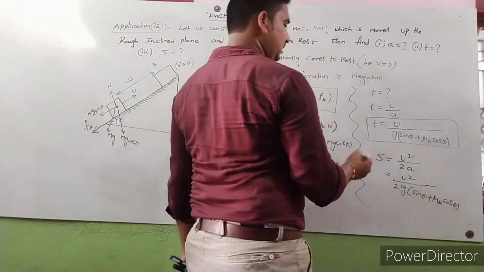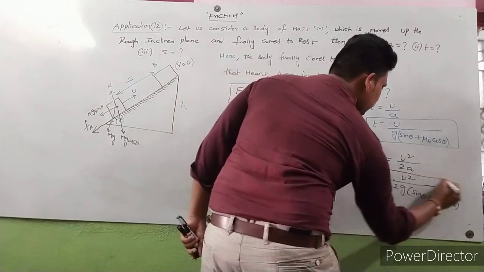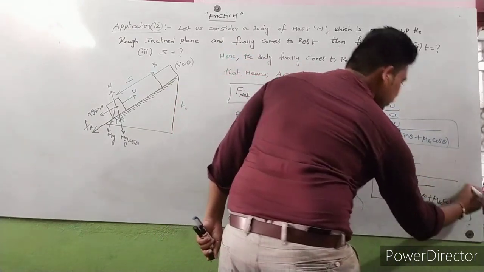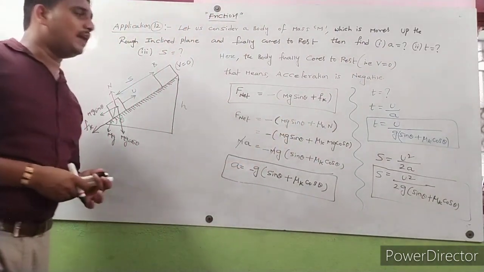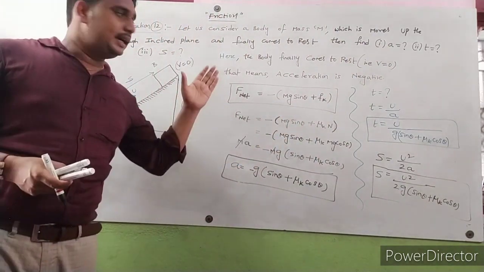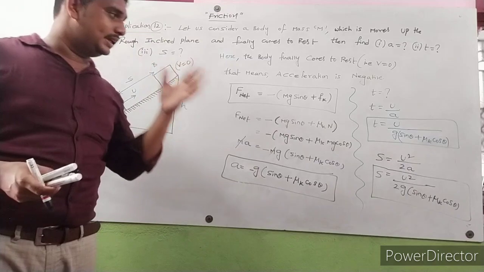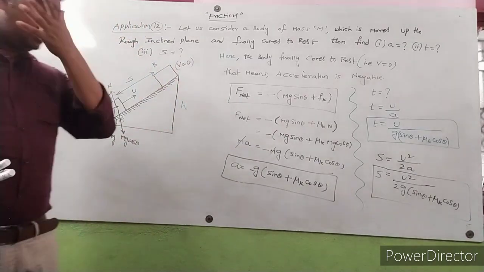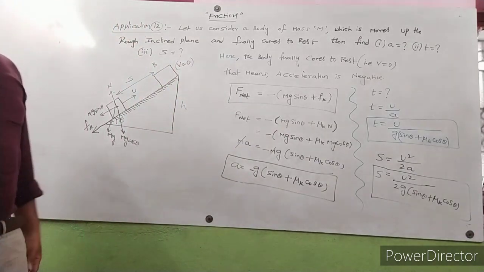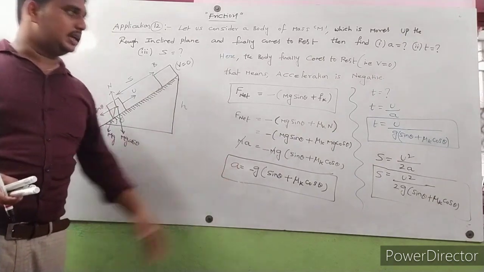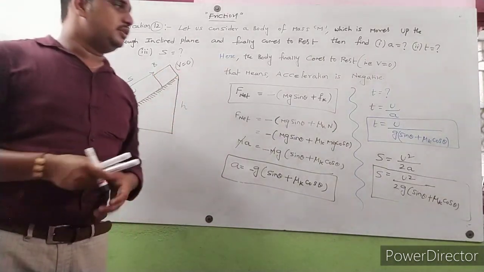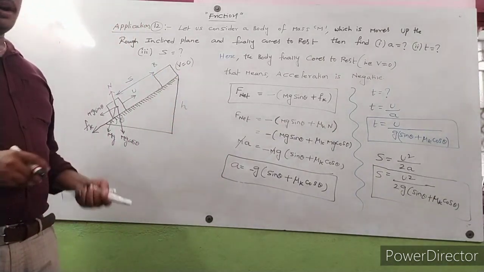So these are the values we got. T value is u by g into (sin theta plus mu k cos theta). S value is u square by 2g into (sin theta plus mu k cos theta). And the a value is g into (sin theta plus mu k cos theta), with negative sign.